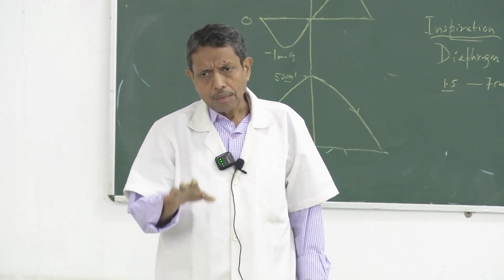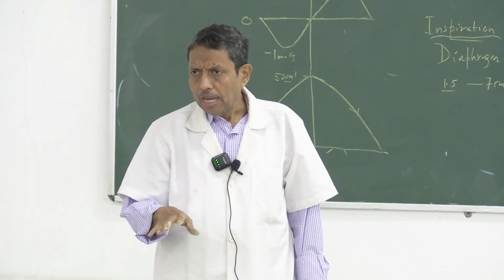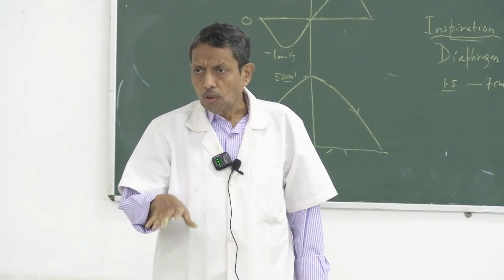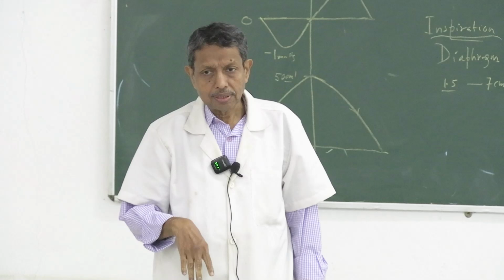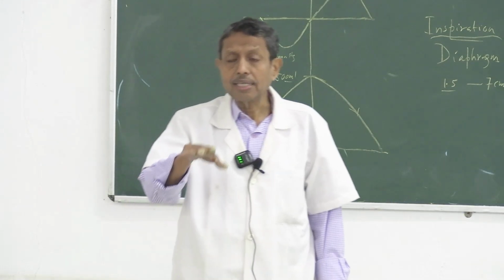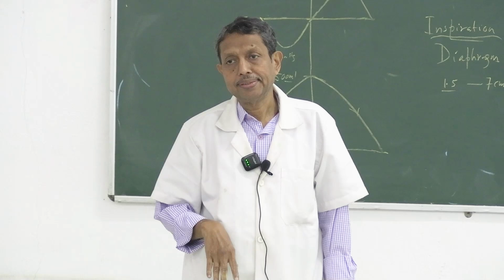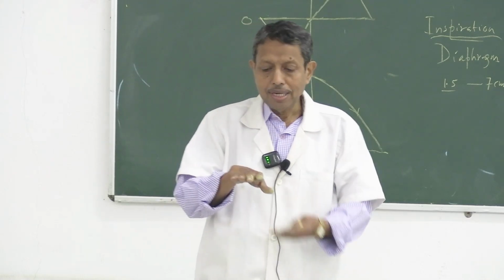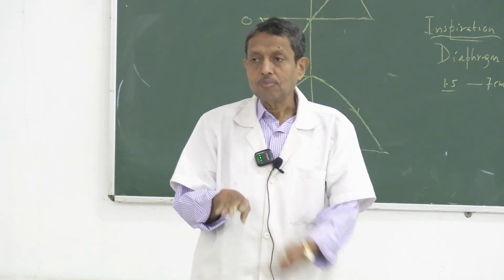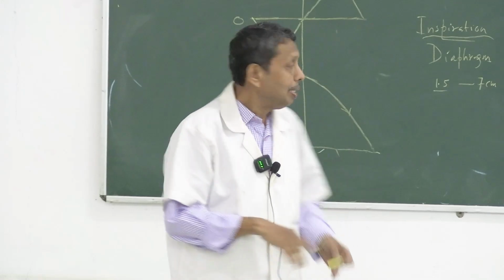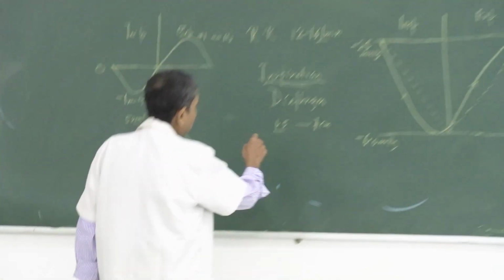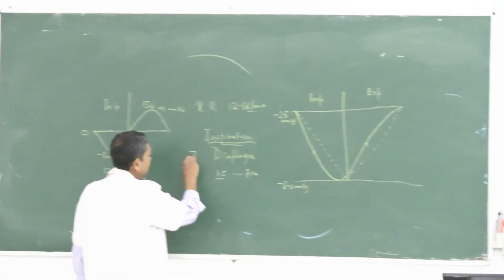Have you dissected? Have you seen the diaphragm? There is a central tendon where there is insertion of these fibers, and over the central tendon rests the heart. And when it contracts, it goes down. 75% of the tidal volume is due to this.